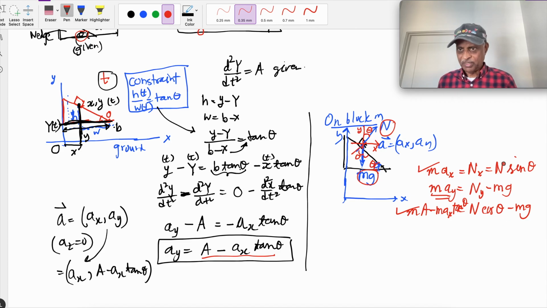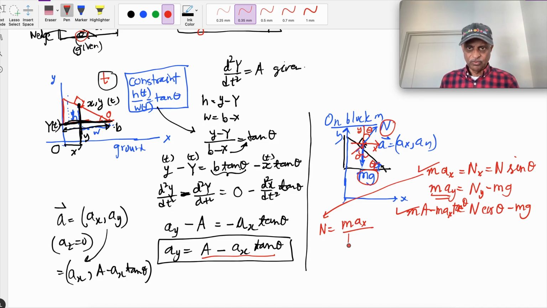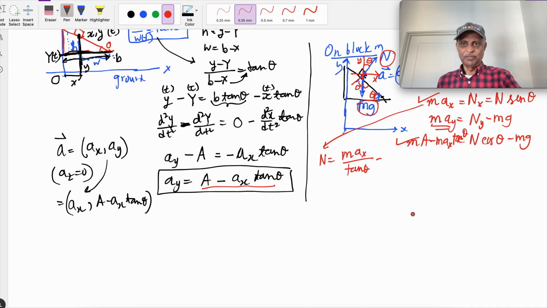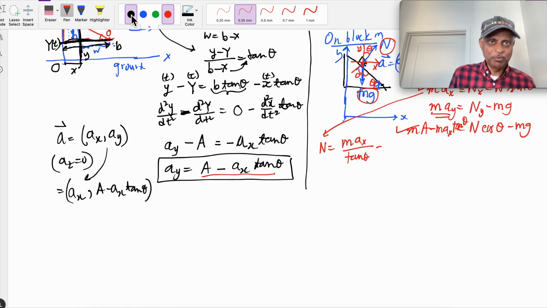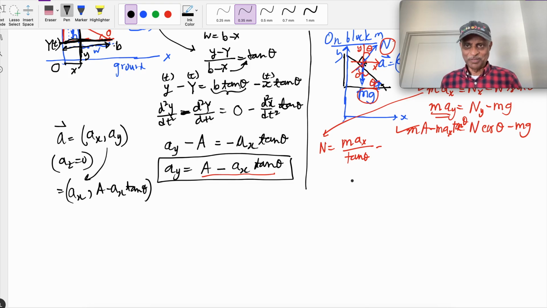So one way to get rid of n, just substitute from n over here. So this n will just give me m ax over sine theta, and I put it over there. Everybody has a different way of doing algebra, and I have my own.